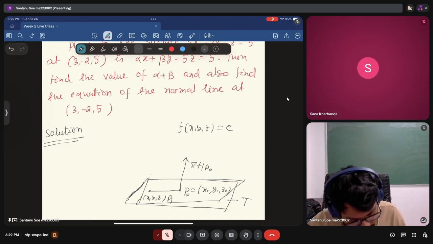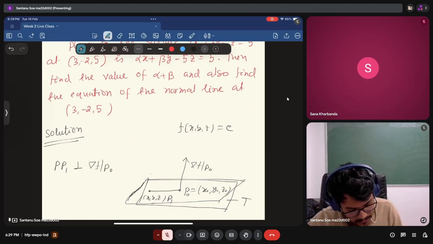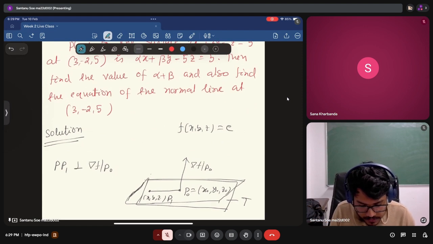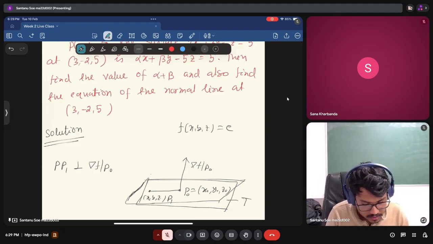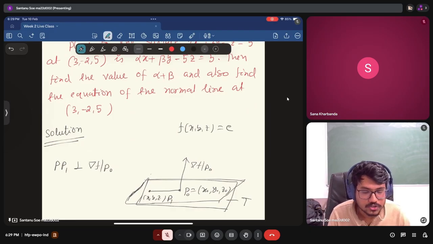Now from here we can see that PP1 will be perpendicular to gradient of f at P naught, correct? So if you multiply the direction ratios of PP1 with the gradient of f, we can do the dot product, and then we can get the equation of the tangent plane.